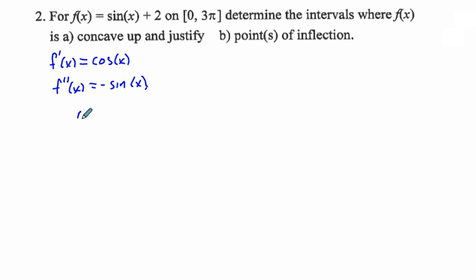So we say 0 is equal to negative sine x. And if we go from 0 to 3 pi, if you can imagine a circle, at where's the sine 0?